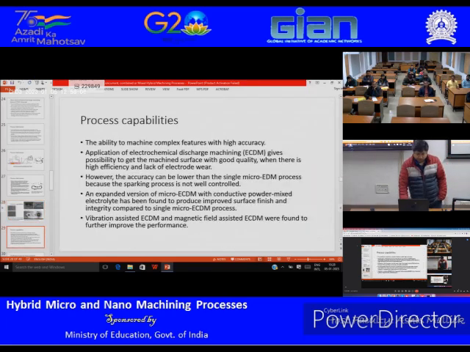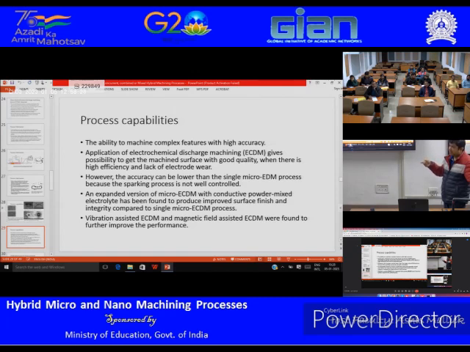Process capabilities, as I mentioned, we showed that it can create some complex features with high accuracy. It can also create some high aspect ratio features where the accuracy was not very high. So there are some challenges, but the accuracy of the ECDM process can be lower than the micro EDM process, because micro EDM is a very precisely controlled process.